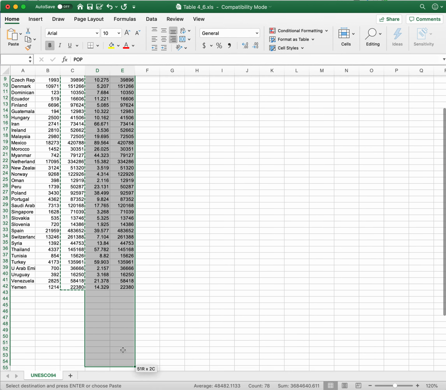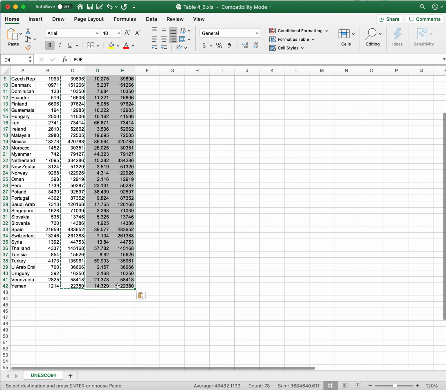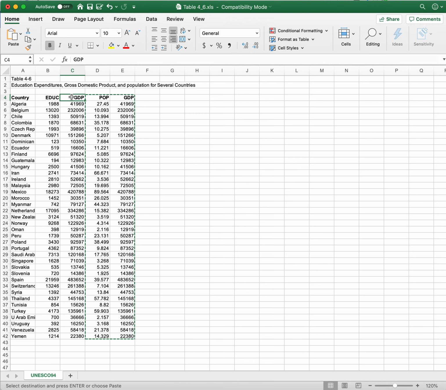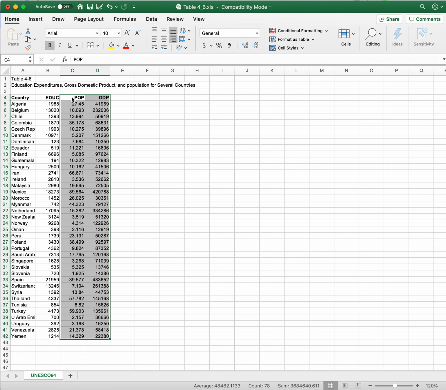And we have two other variables, population and education spending, that we can use to predict GDP. In this video, we're going to only try to use one variable to predict it. My guess would be that education is probably more important than population, but we will do the simple linear regression for both.